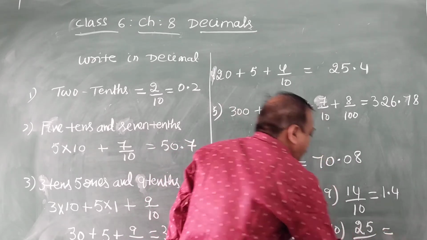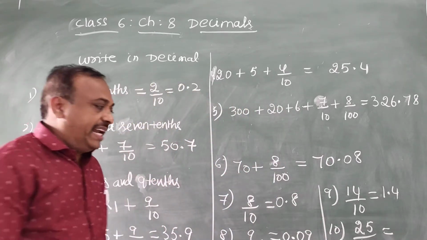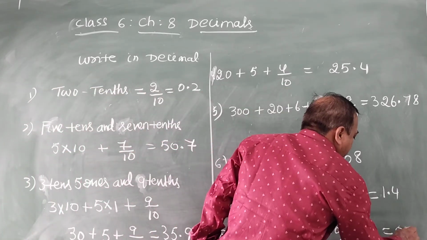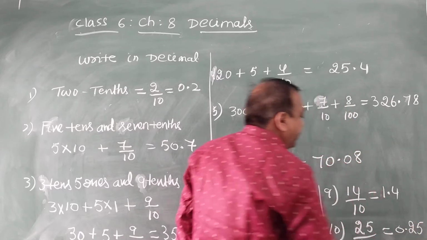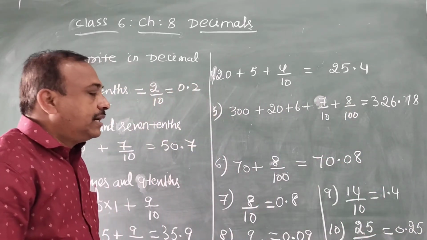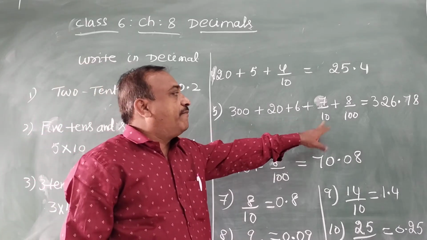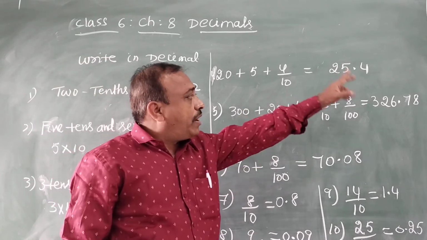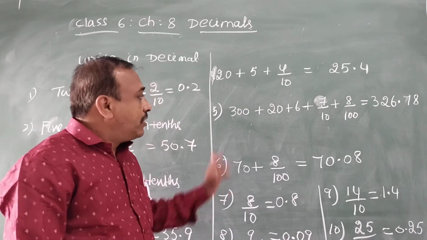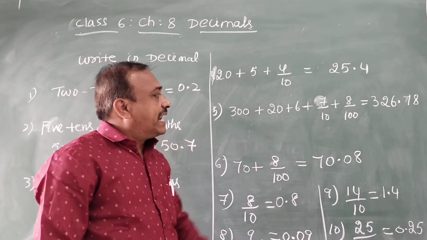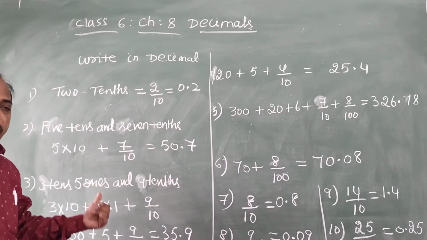How to write in the decimal form? 0.25. We read it as 0.25. Like this, we write. This is called expanded form. From expanded form, we are writing the decimal number. I hope you understood.